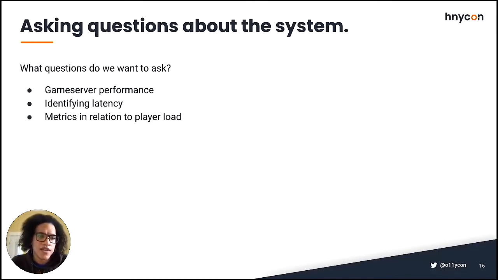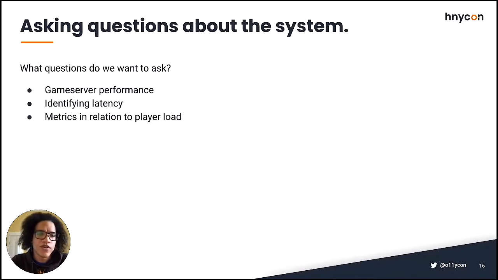Identifying latency: since I host everything in the US Central region, I wanted to see if I could find player latency issues if I initiate a connection from US West or elsewhere in the world, and also latency if the server hangs or something like that.